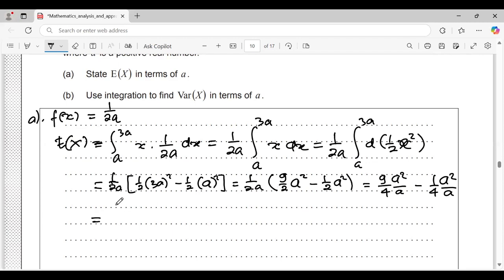This is (9 minus 1) over 4 times a squared over a, or 8a over 4, which is 2a. So the expectation of x is 2a. Use integration to find variance of x in terms of a.